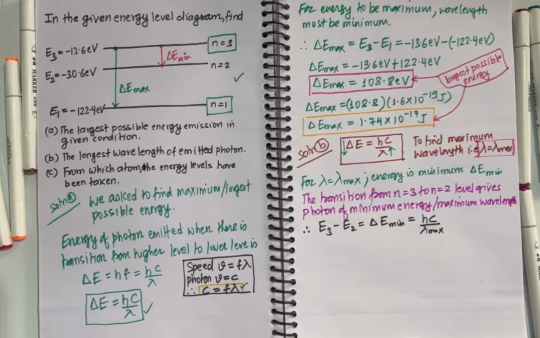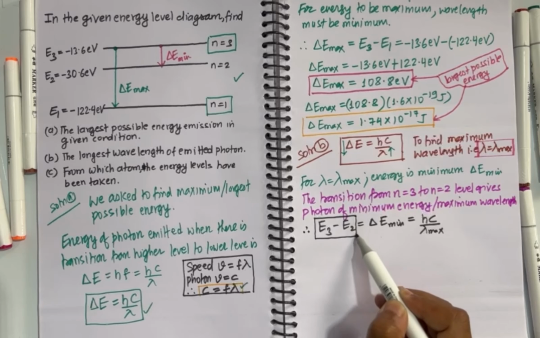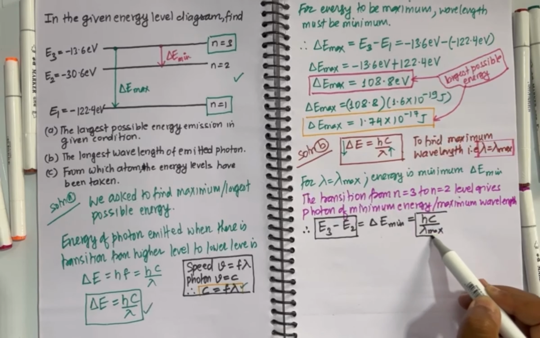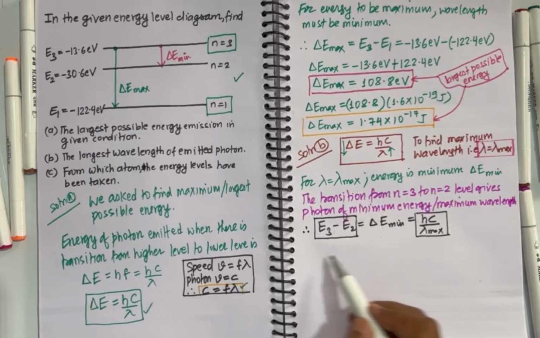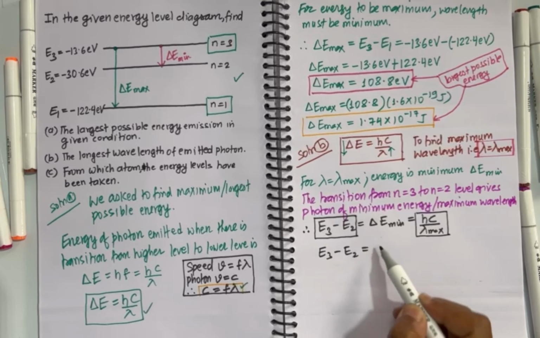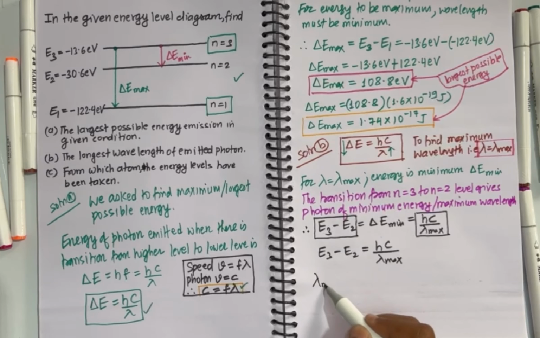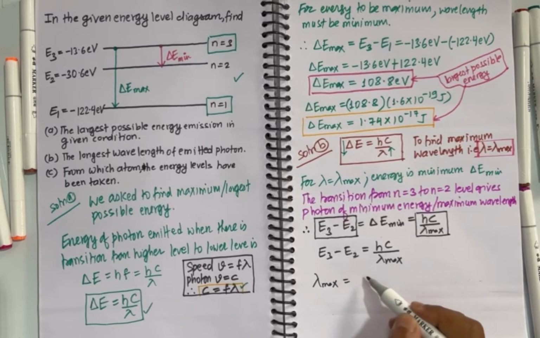We are asked to find the maximum wavelength, so I'm going to equate these, since the values of E3 and E2 are known. Therefore we can write E3 minus E2 equals hc by lambda max. Therefore the maximum wavelength or longest wavelength is hc by E3 minus E2.